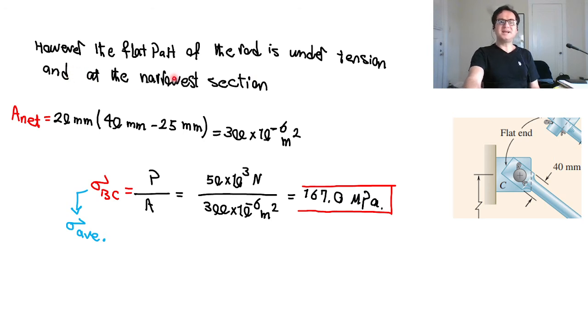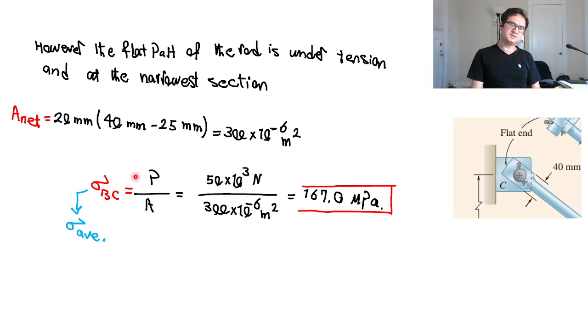However, the flat part of the rod is also under tension, and it goes for the narrowest section, so we need to go with the net cross-sectional area. The thickness of the plate, which is the diameter of the rod, is 40, minus 25, which is the diameter of the pin itself, and that gives you the area for that part.